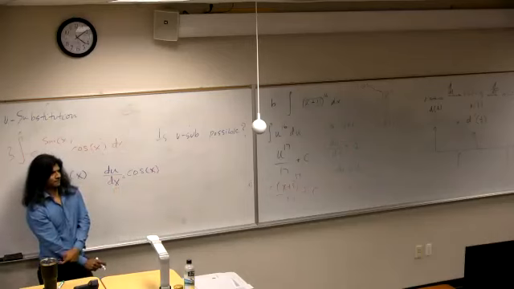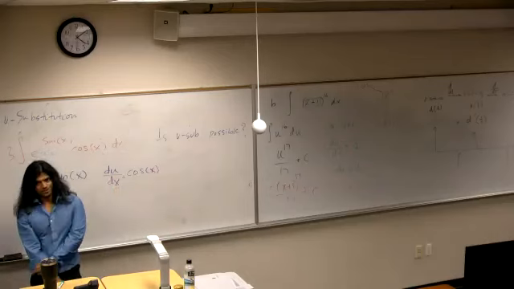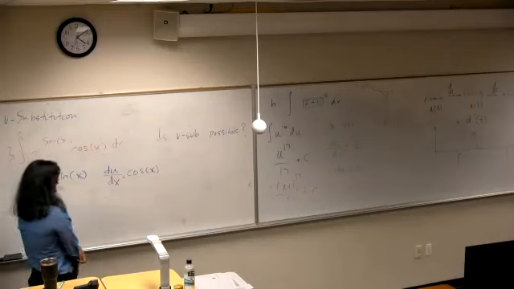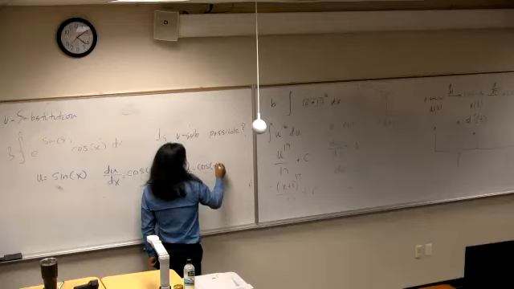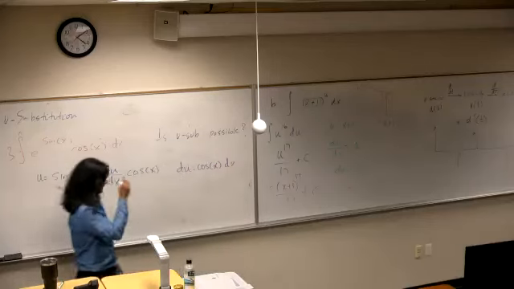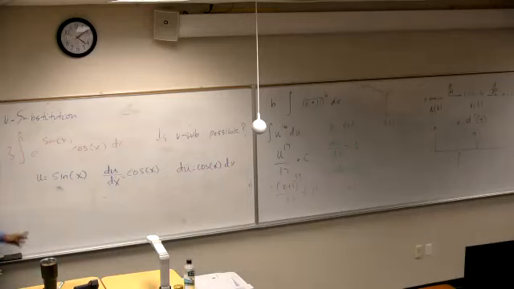With me so far? What is du? You rewrite it. du is cosine x dx. So 3 is outside. e, I'm going to replace with the u that I identified. So u. Once I do that, whatever that is left behind in that integral, does it match up with du?